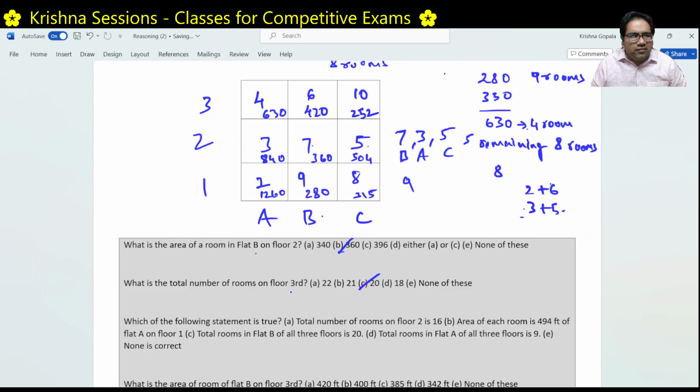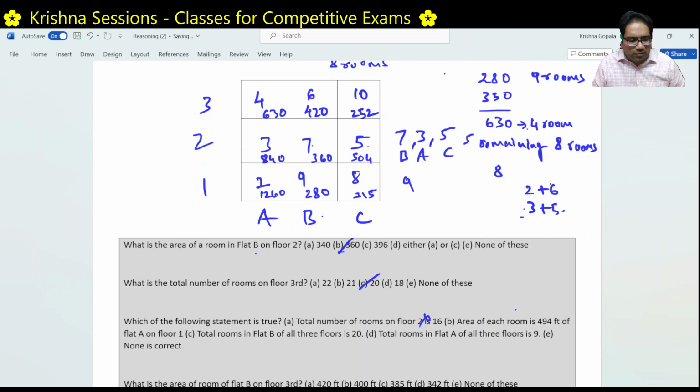This is also done. Which of the following statements is true? Total number of rooms on floor 2 is 16. This is wrong, right? The given condition itself is 15. Area of each room is 494 feet of flat A on floor 1. Flat A, floor 1, it is 1260.